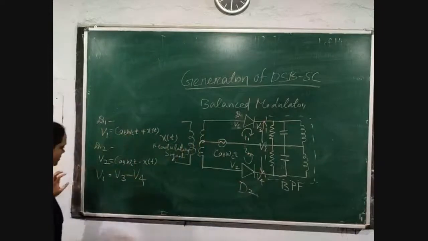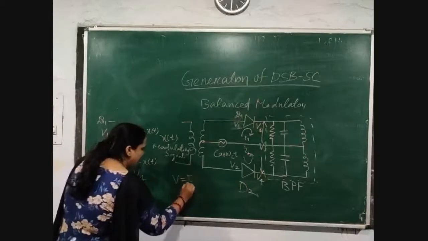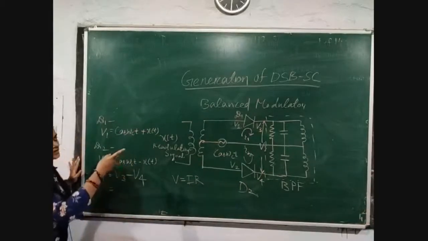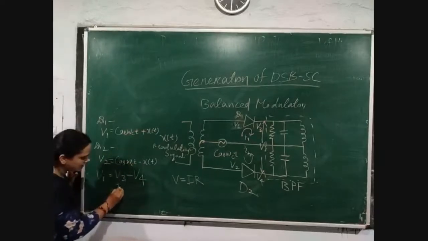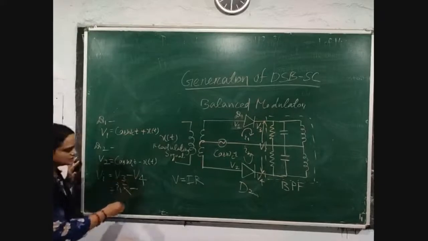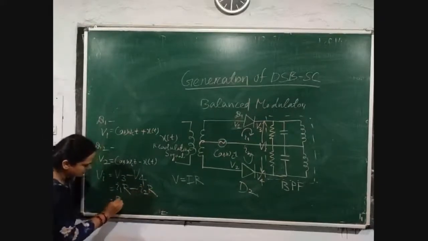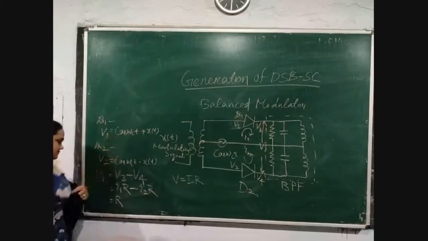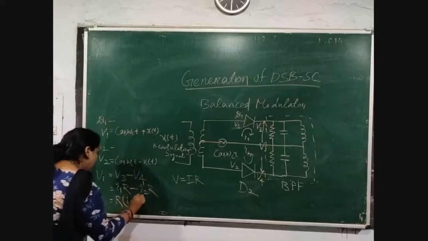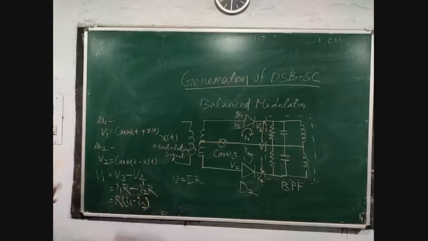Okay, so as we know, V equal to IR. So here we can write, in D1 the current is I1 and capital R, minus in D2 current is I2 and capital R. We take common R, then I1 minus I2.